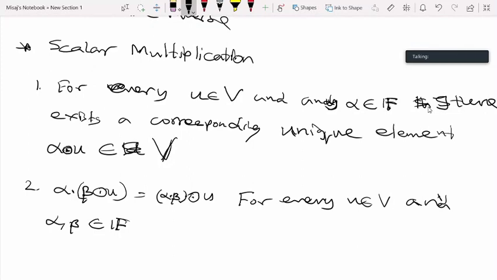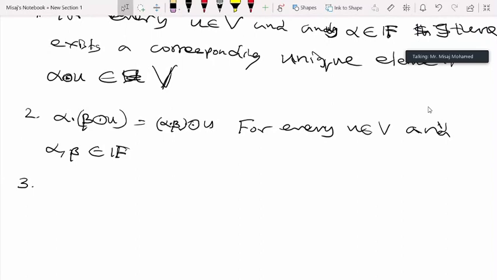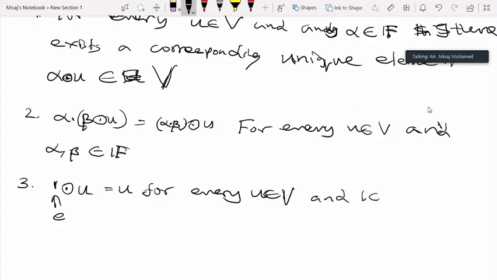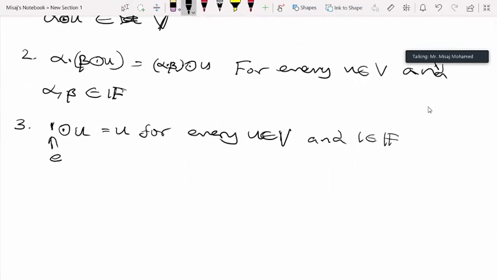Right. Next is multiplicative identity. We denote 1, 1 or E. Some books denote it as E. 1 into u is equal to u for every u in V and 1 in F. This is called scalar multiplicative identity.